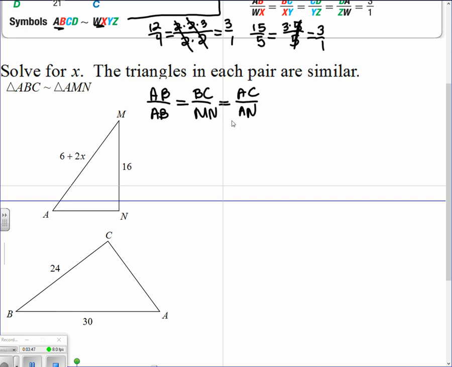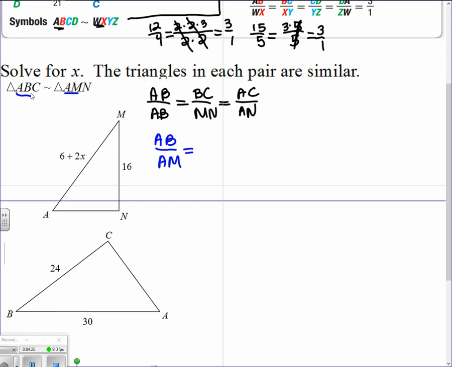They are proportional. Now, if you notice, I have AM. AB is to AN, I don't know AN, so this would not be able to help me. I messed up right here. It should have been AB is to AM. That's where I messed up.